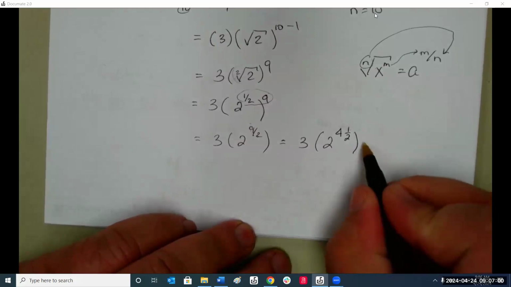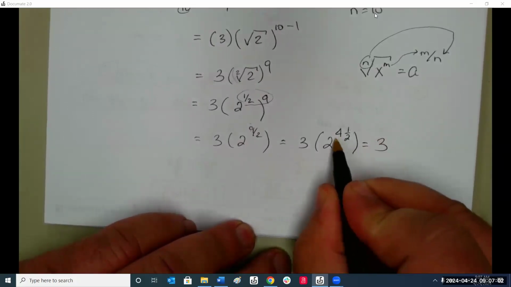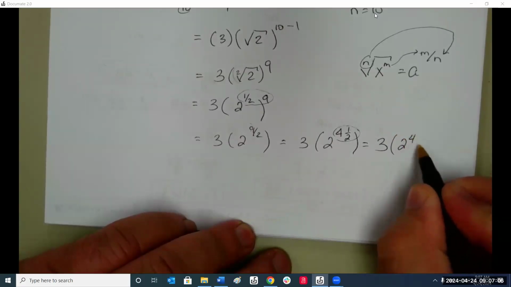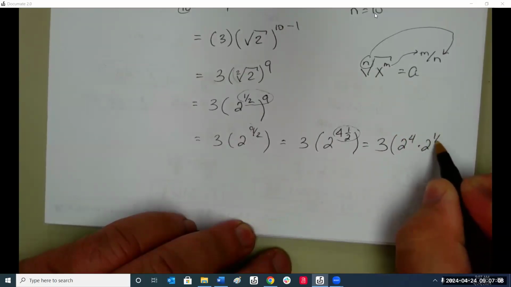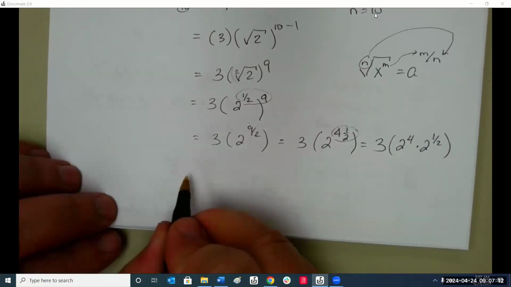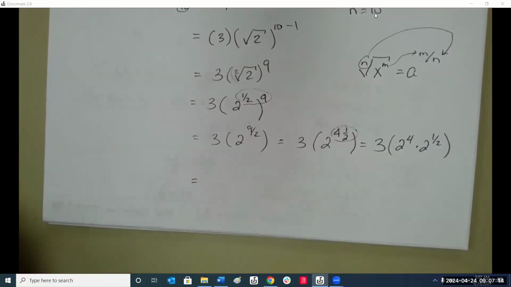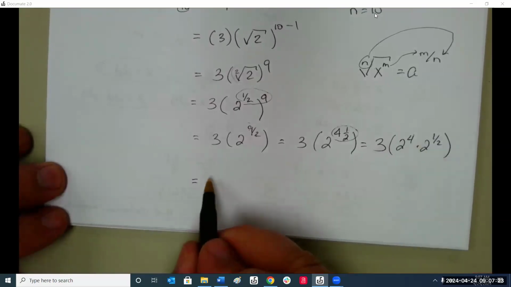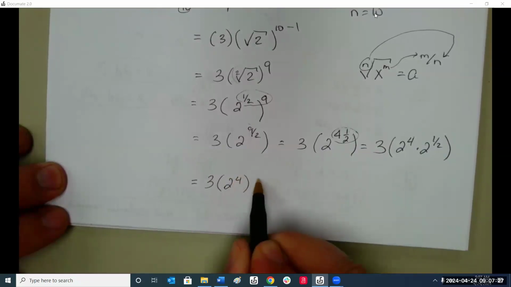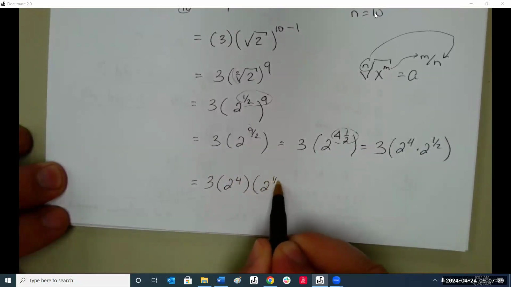So now what this mixed number up there means is I can have 2 to the 4th times 2 to the 1/2. So it's 3 times 2 to the 4th times 2 to the power 1/2.